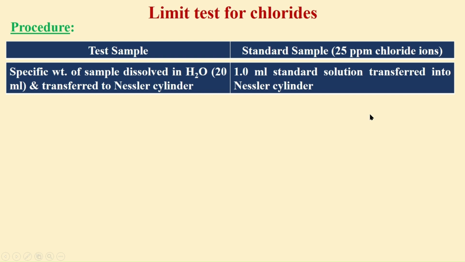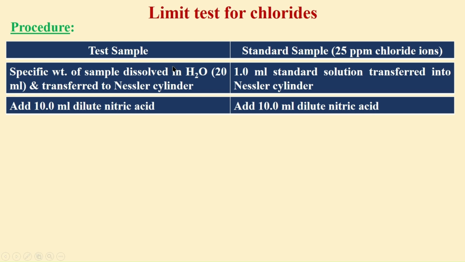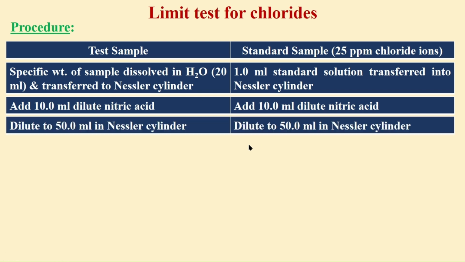Then, to both Nessler cylinders, in which the test sample and standard sample are taken, we add 10 ml of dilute nitric acid. Then both the Nessler cylinders, in which the test sample and standard sample are present, we dilute to the 50 ml mark.